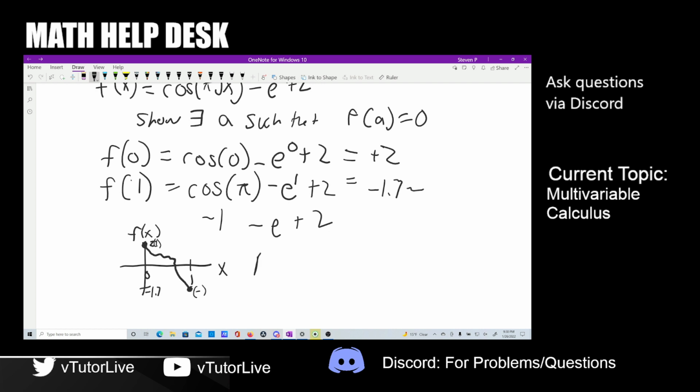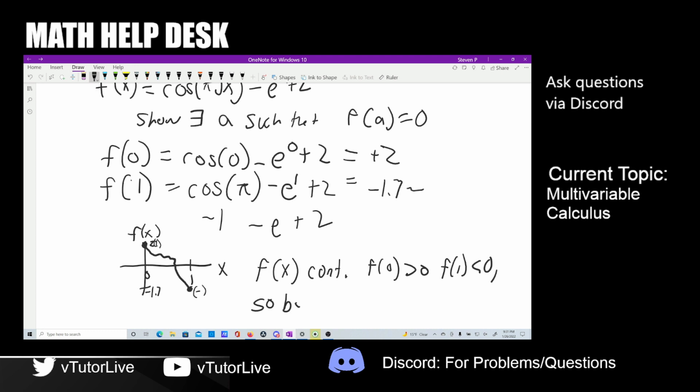I would say, we know that f(x) is continuous. We know f(0) is greater than 0, and f(1) is less than 0.